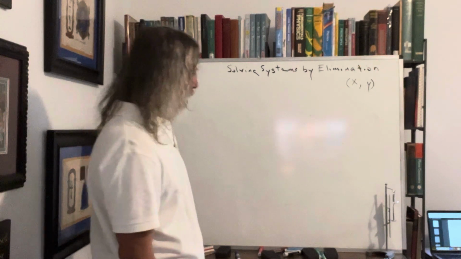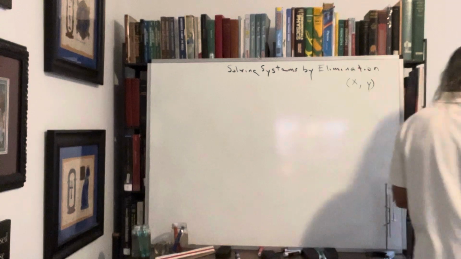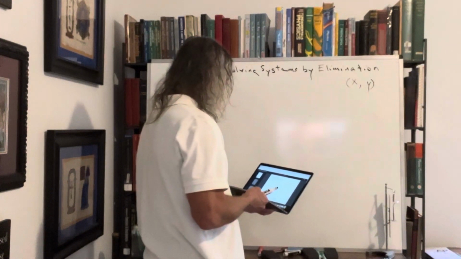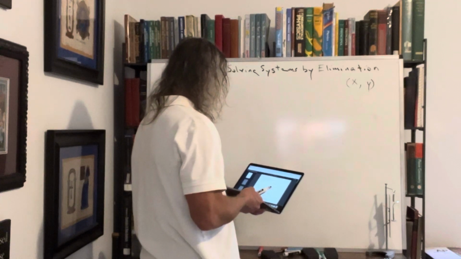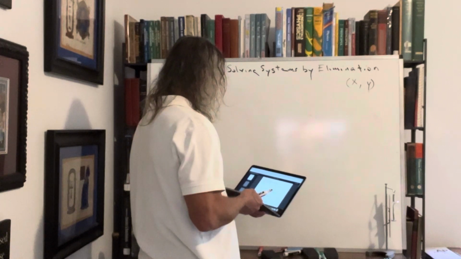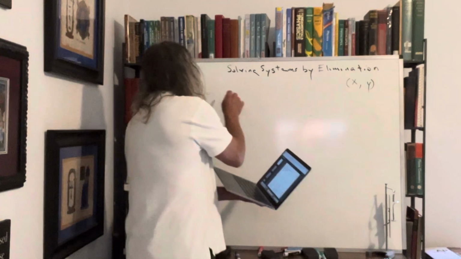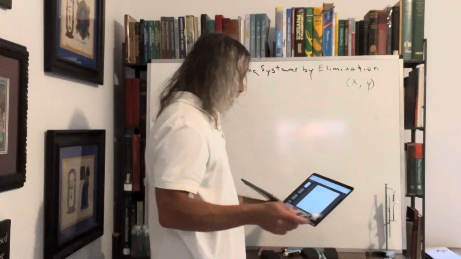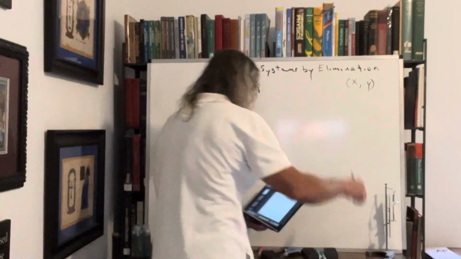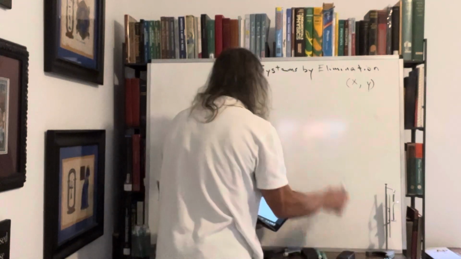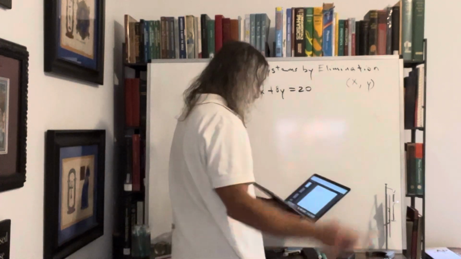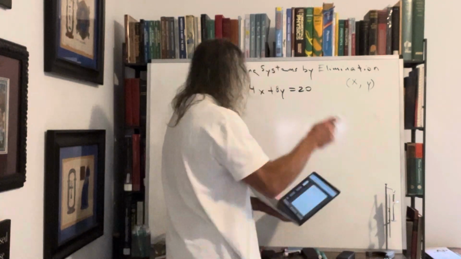So, some examples, elimination. First, an easier one. We'll try 4x plus 8y is 20, and negative 4x plus 2y is -30.